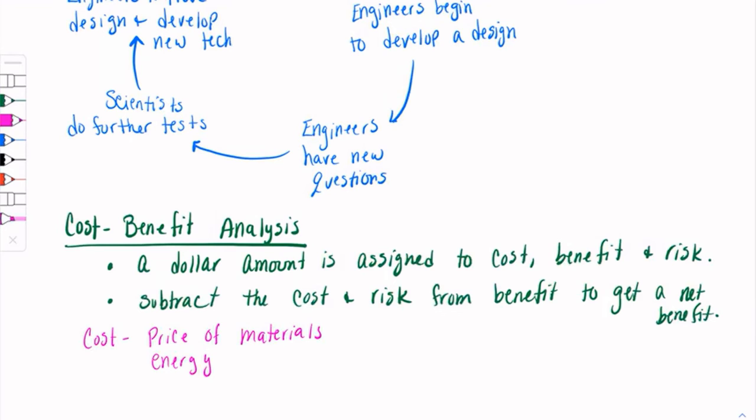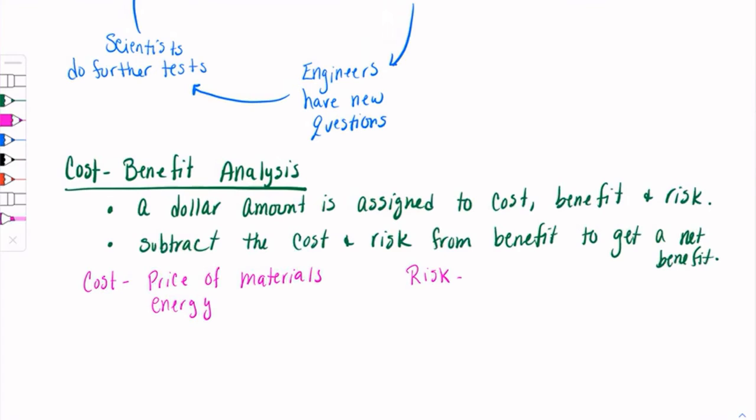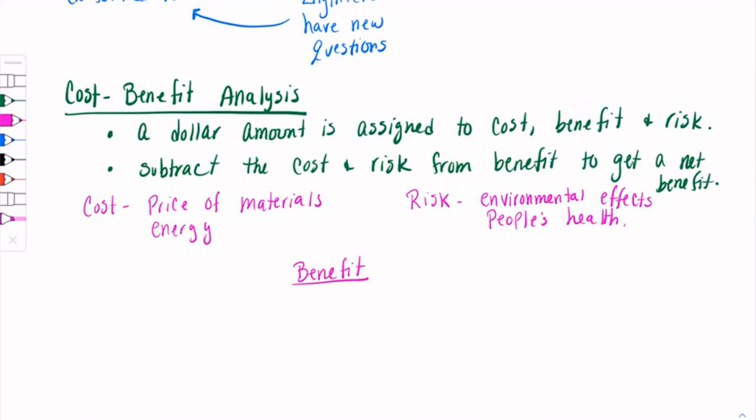A risk is like environmental effects, like long-term environmental effects, people's health, etc. And then a benefit would be how much you would make by selling whatever you've developed. Money the company would make.